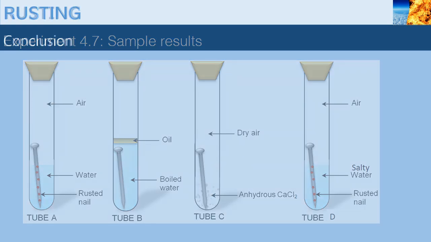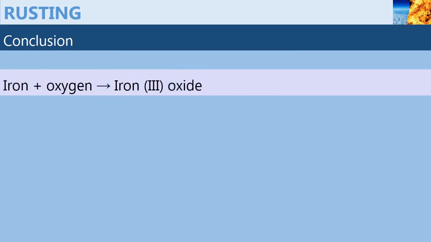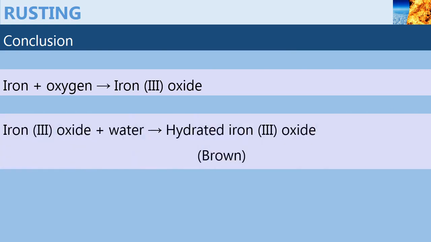To conclude the experiment, rusting takes place when iron reacts with oxygen to form iron 3 oxide. Iron 3 oxide in turn reacts with water to form hydrated iron 3 oxide, which is rust.